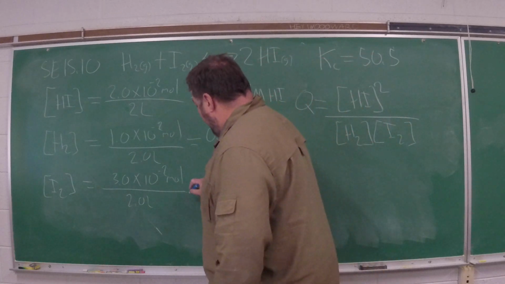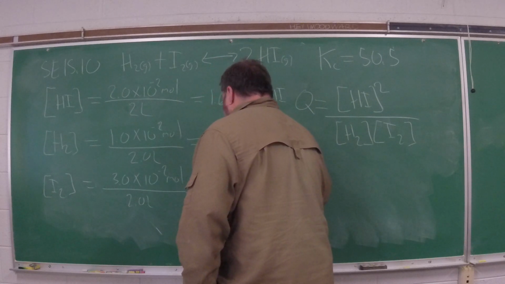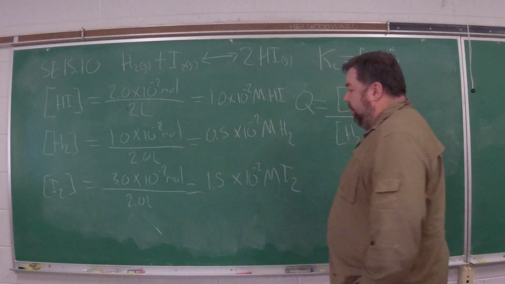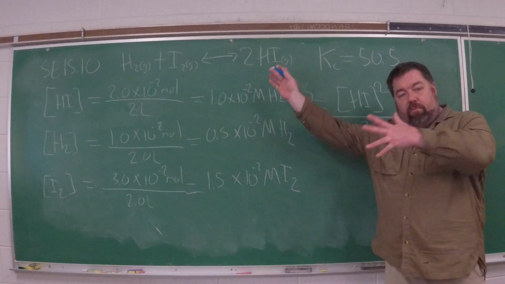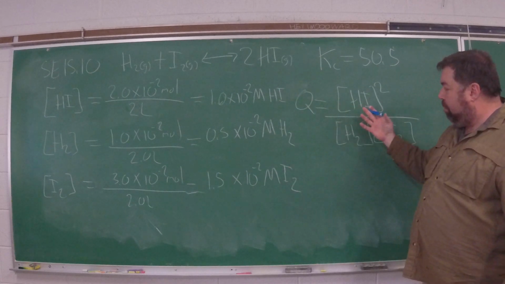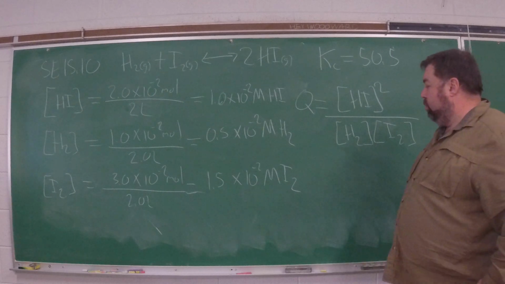And then here we're going to get I2. So after that part, now this part's easy. We're going to take these numbers, plug them into here for Q, and then compare to Kc and see which way this reaction goes.